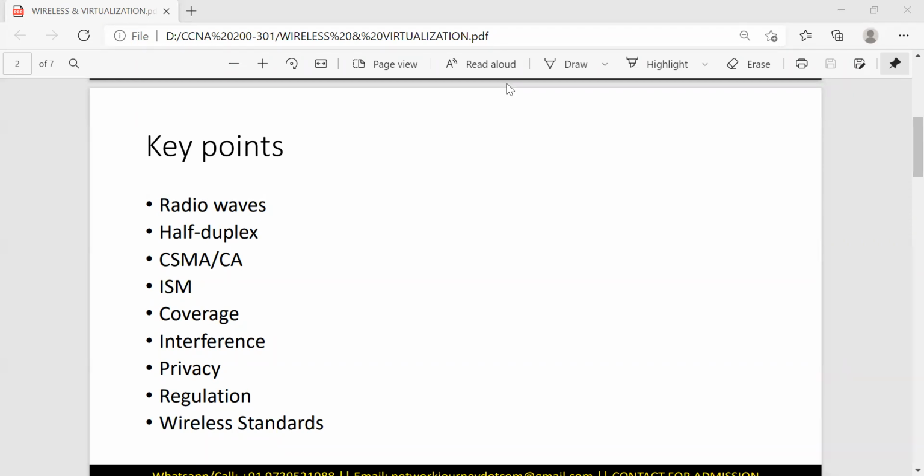First and foremost, talking about radio waves, we are talking about the air medium, and specifically we are focusing on radio waves. On a wireless medium there is a certain frequency in which we are communicating.